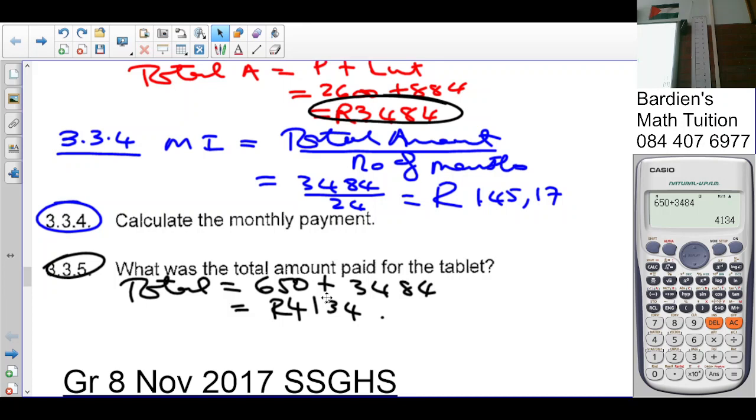Maybe they're rich. Better quality? Listen, if you buy the thing cash, it's the same item as when you buy it on terms. This is interest. But why, I'm questioning, why would somebody want to pay an extra 884 Rand?